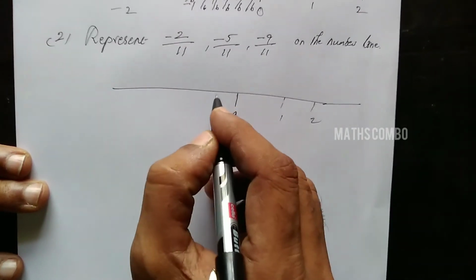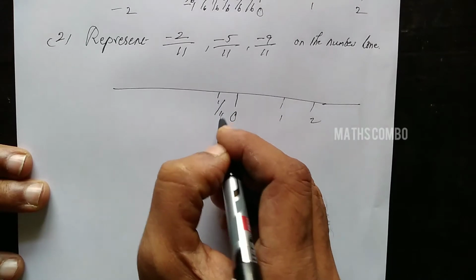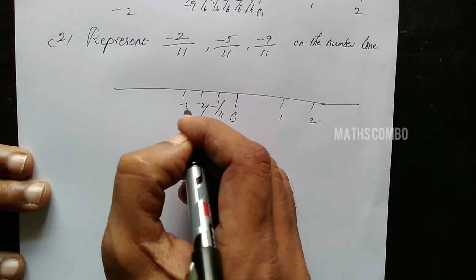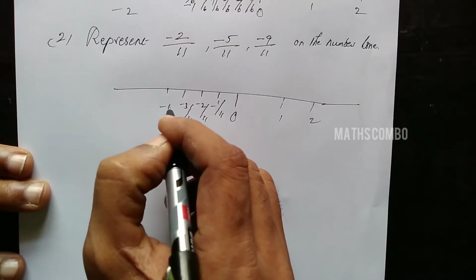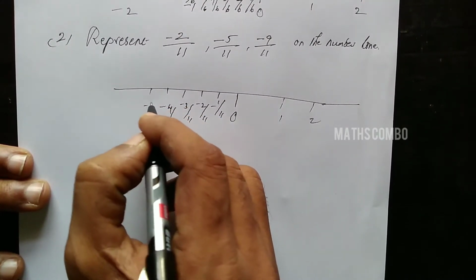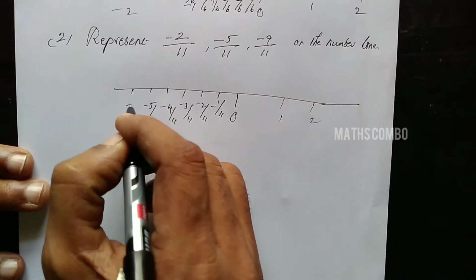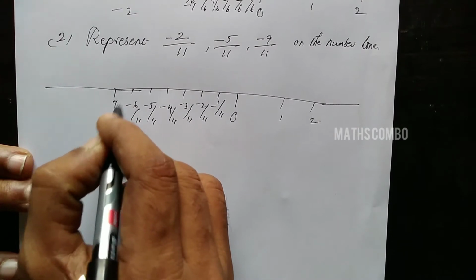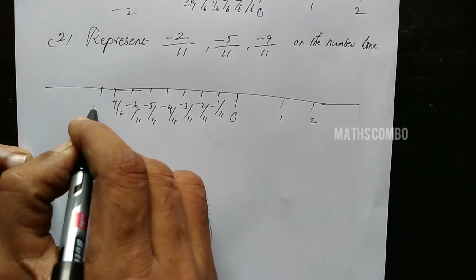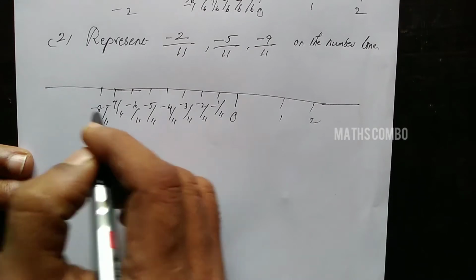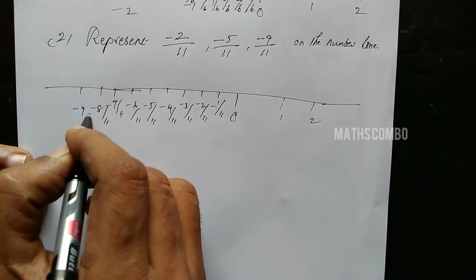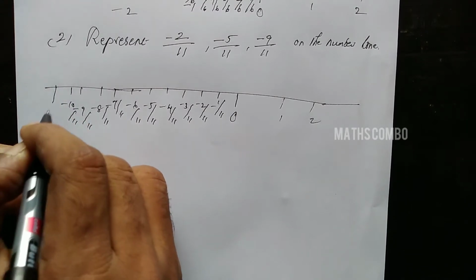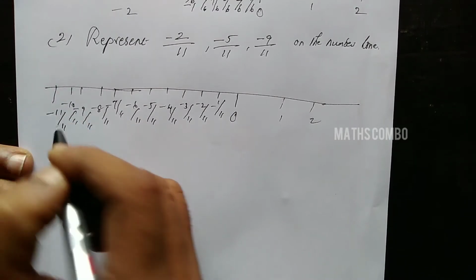So we will take minus 1 by 11, minus 2 by 11, minus 3 by 11, minus 4 by 11, minus 5 by 11, minus 6 by 11, minus 7 by 11, minus 8 by 11, minus 9 by 11, minus 10 by 11, and minus 11 by 11.